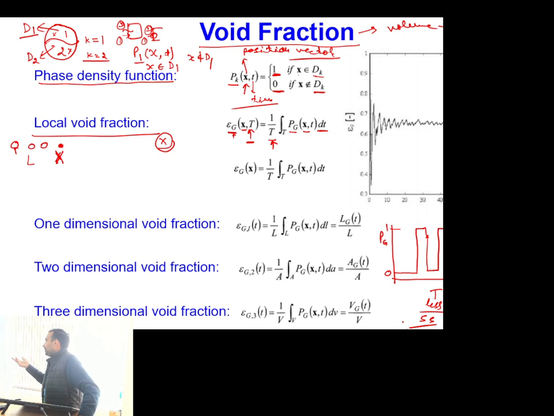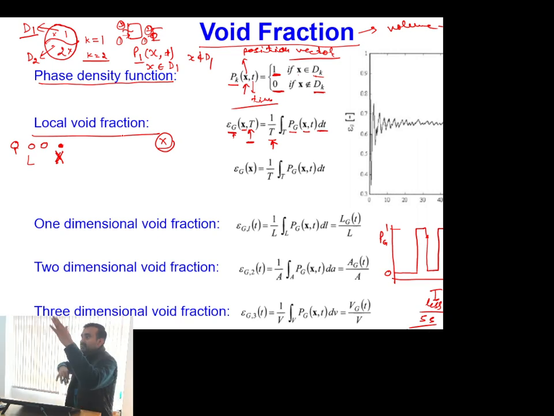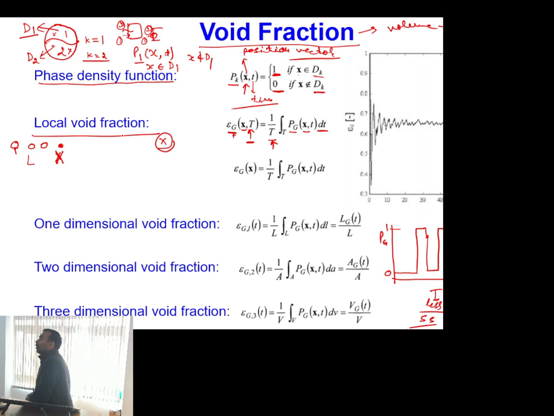In the third experimental trial I may get, say, only 1 peak. So every time I do the experiment using T equal to 5 seconds, my number of peaks in the phase density function will keep changing significantly. So if these keep changing significantly, my value of local void fraction will also keep oscillating.